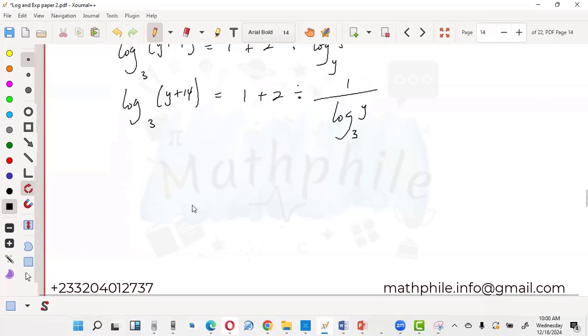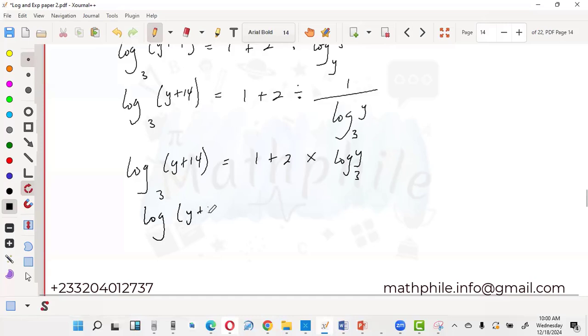Okay, so this gives you log y plus 14 base 3 is equal to 1 plus 2 log y base 3.